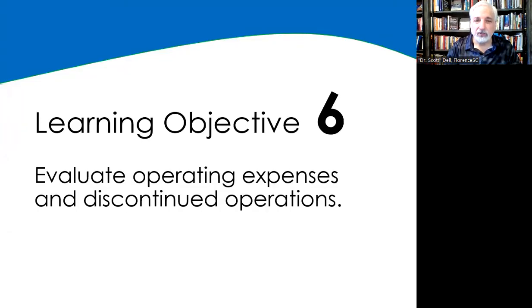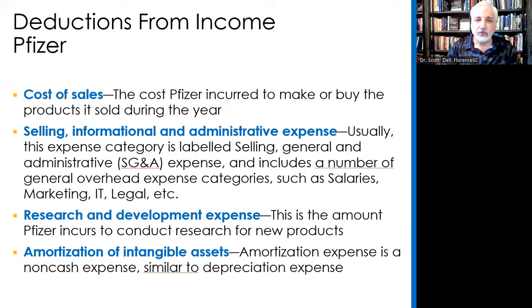And we talk about discontinued operations. So as we analyze what we deduct from income, we have our cost of goods sold or cost of sales. This is all part of operations. Selling, general, and administrative expense, SG&A, as it's mentioned here as well.